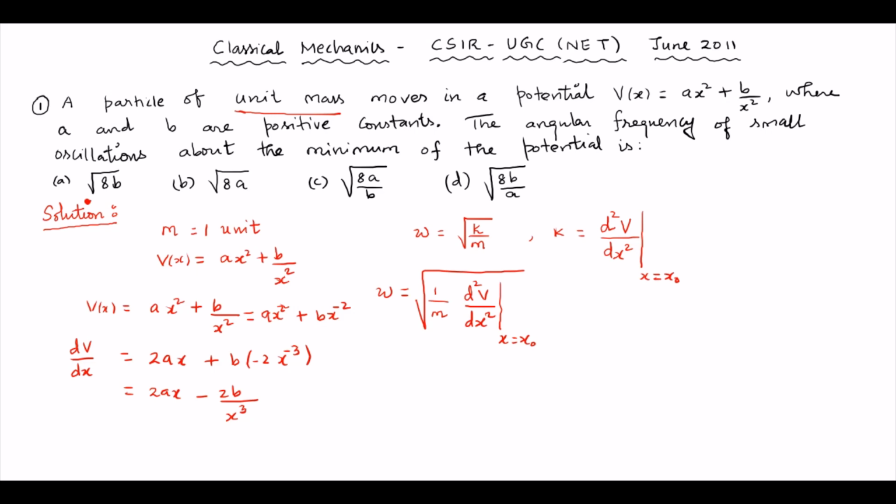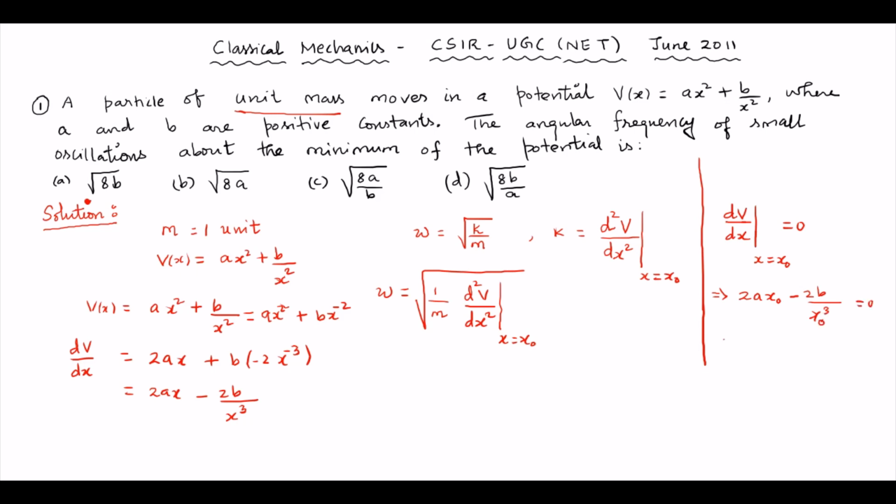Now, since we are going to calculate the angular frequency of small oscillations about the minimum of the potential, the first derivative at x equal to x naught must be equal to 0. So putting x equal to x naught, 2a x naught minus 2b by x naught cube is equal to 0.